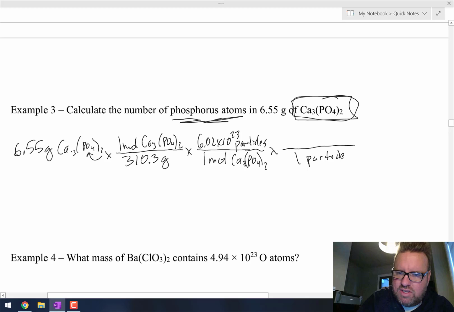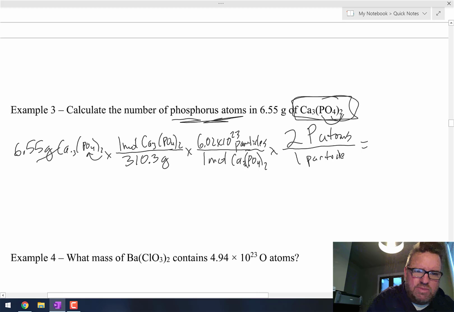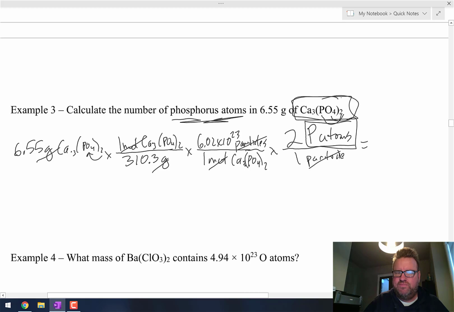So that means that this 2 distributes through to the oxygens and to the phosphorus. There are 2 phosphorus atoms. Okay, and now we're done. And notice that grams are going to cancel, moles are going to cancel, particles cancel. Everything has to cancel except for what they're asking you for.